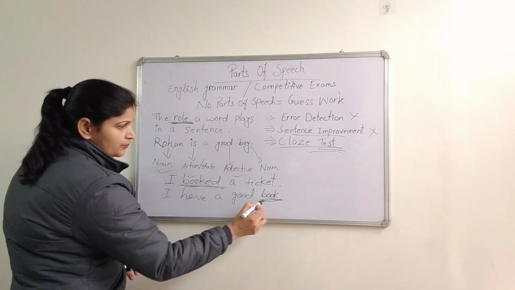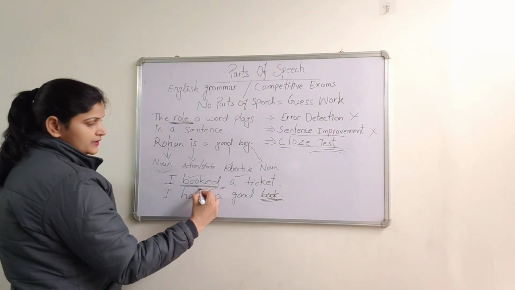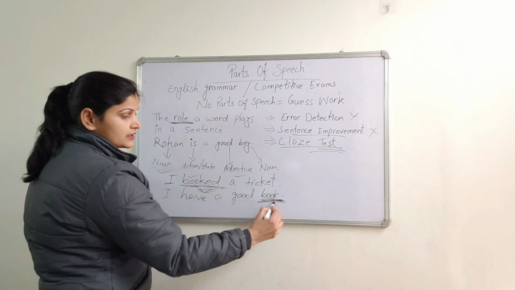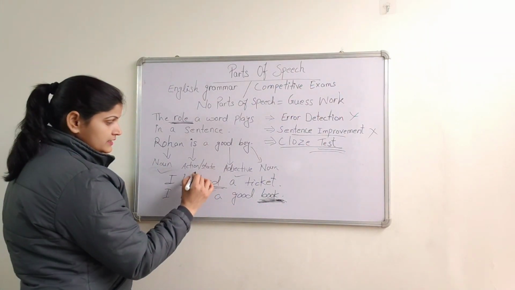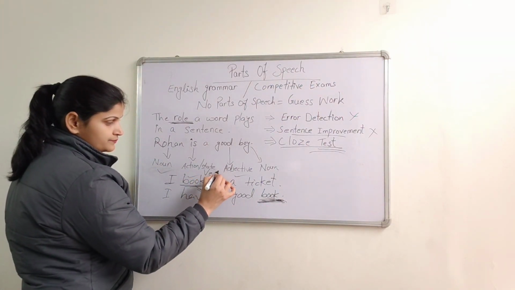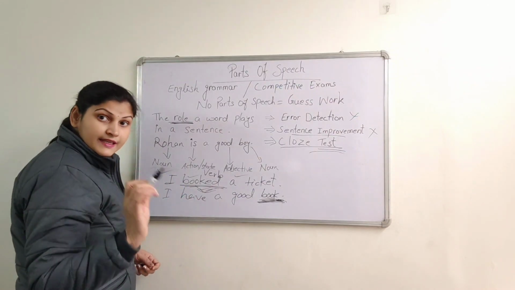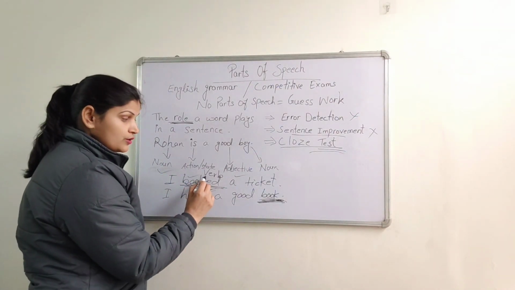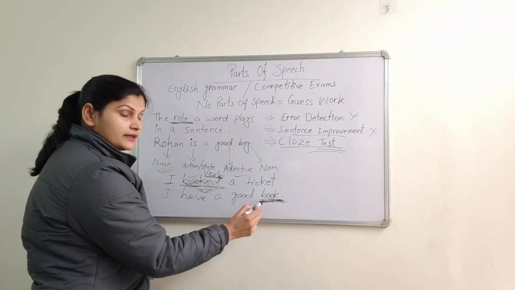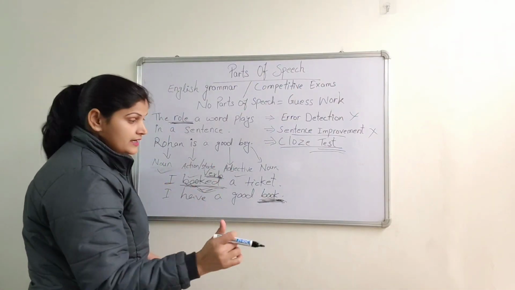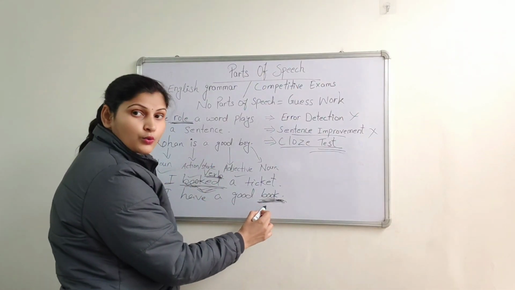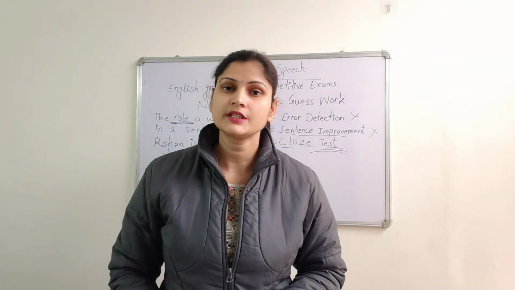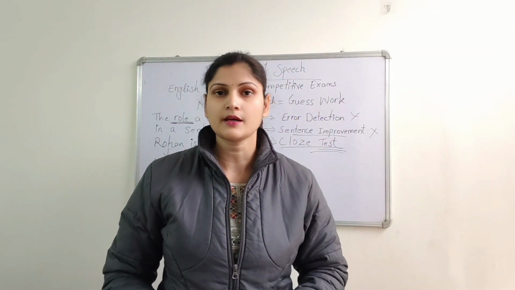See here the role of book. Here the book is playing the role of verb, and here the book is playing the role of noun. The word is same, book, but the role is different. This single concept can give you 2-3 extra marks in the exams.